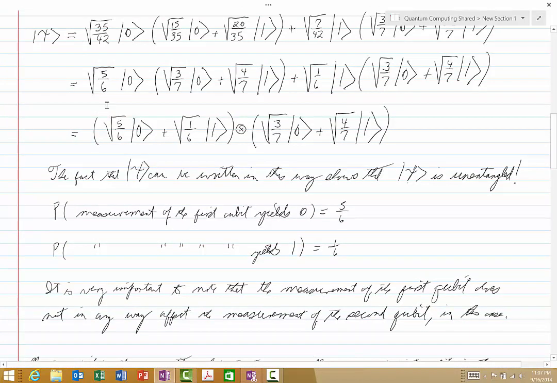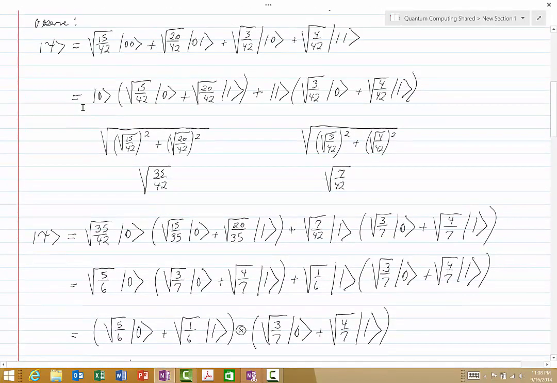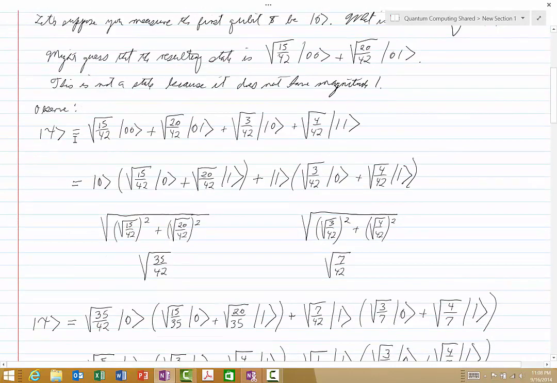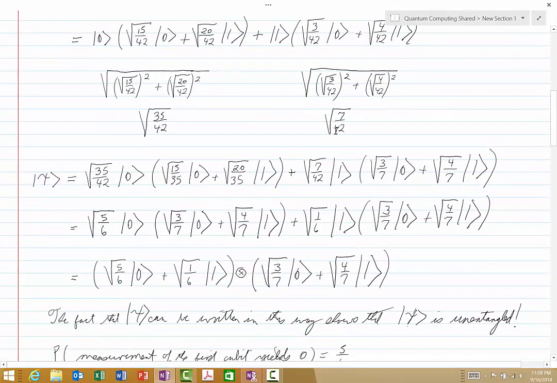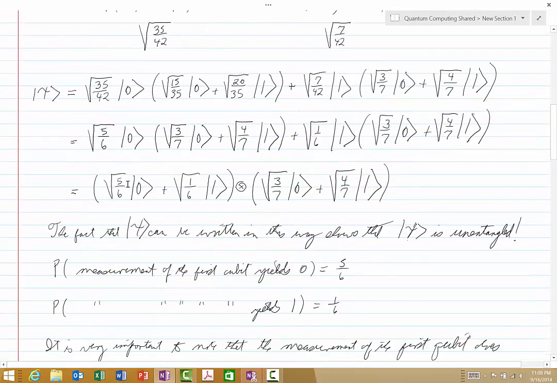If the person sending Bob and Alice were sending this state, well, as we can see from this analysis here, if Alice is measuring the first qubit, 5/6 of the time she should measure 0, and 1/6 of the time she will measure 1.